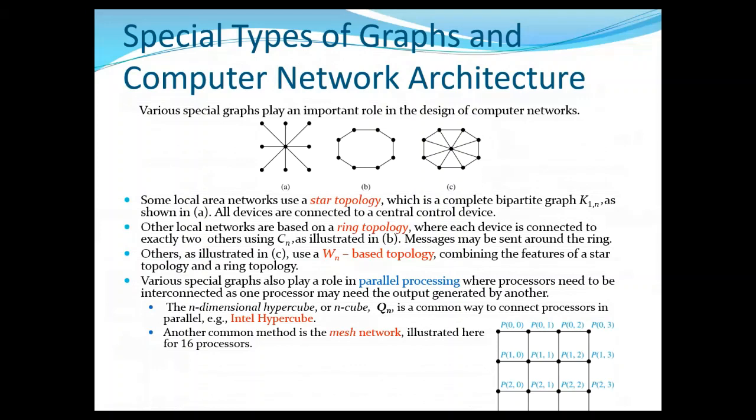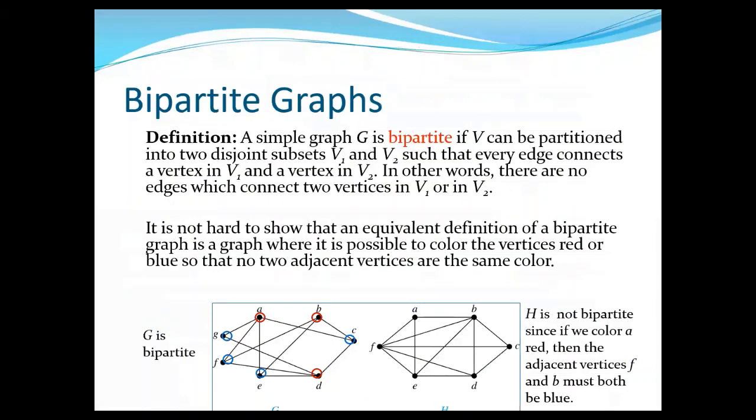And we also have hypercube or mesh networks for computer networks. So that's one of the applications of the different types of graphs in a network. Okay, so now let's move on with bipartite graphs.